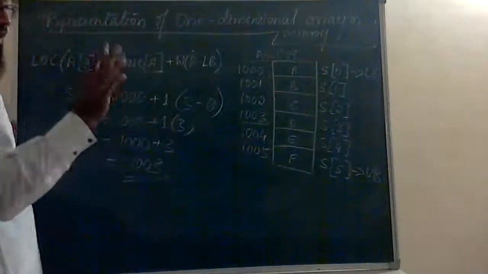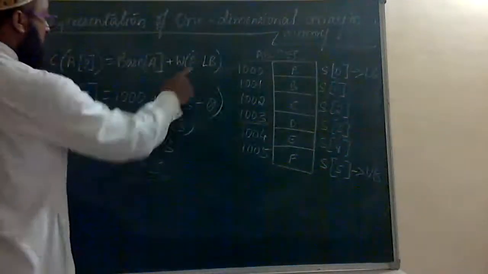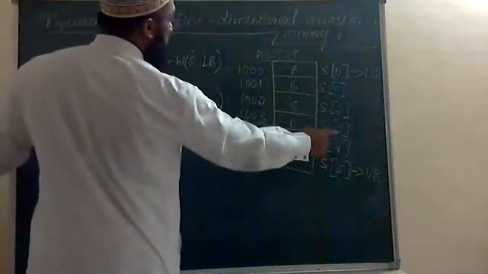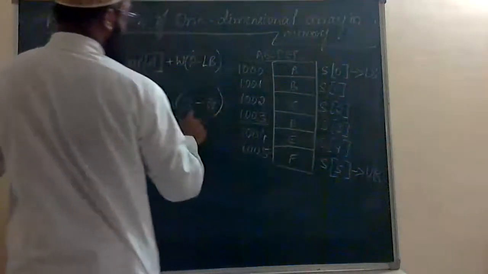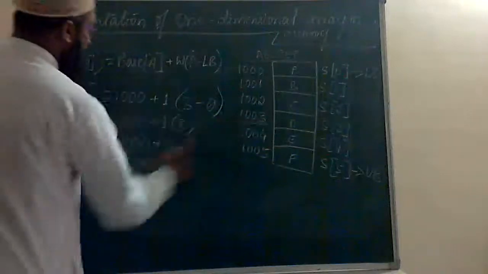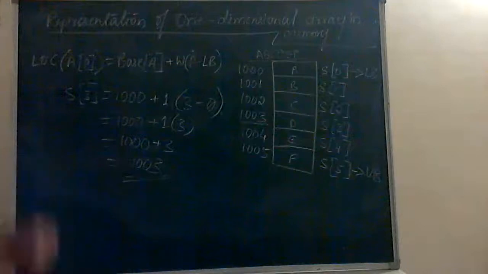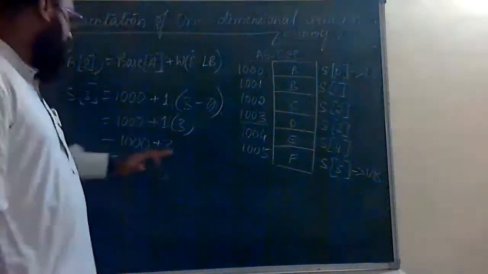W is the number of words in an array, not the letters. Here this complete thing is one word only, that is one. P means the size of the element, 3. By all the calculations, we have got that D is present at location 1003.